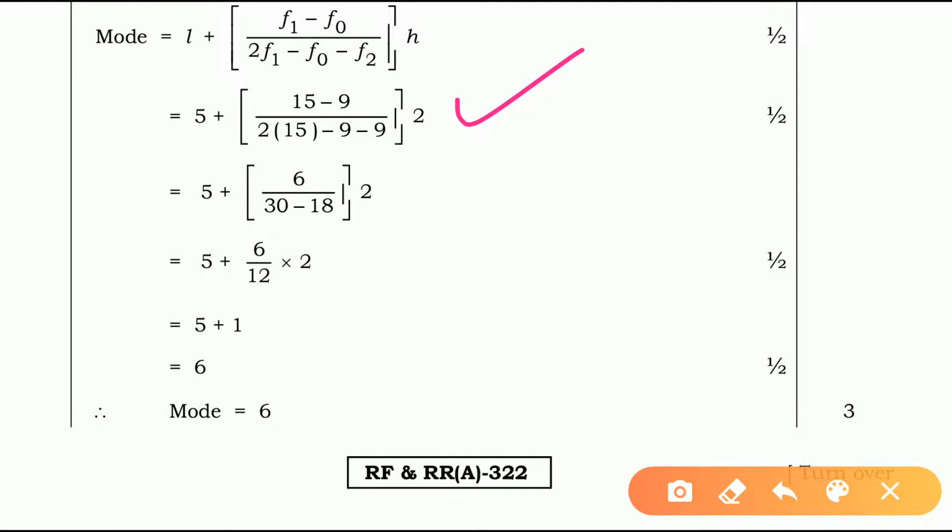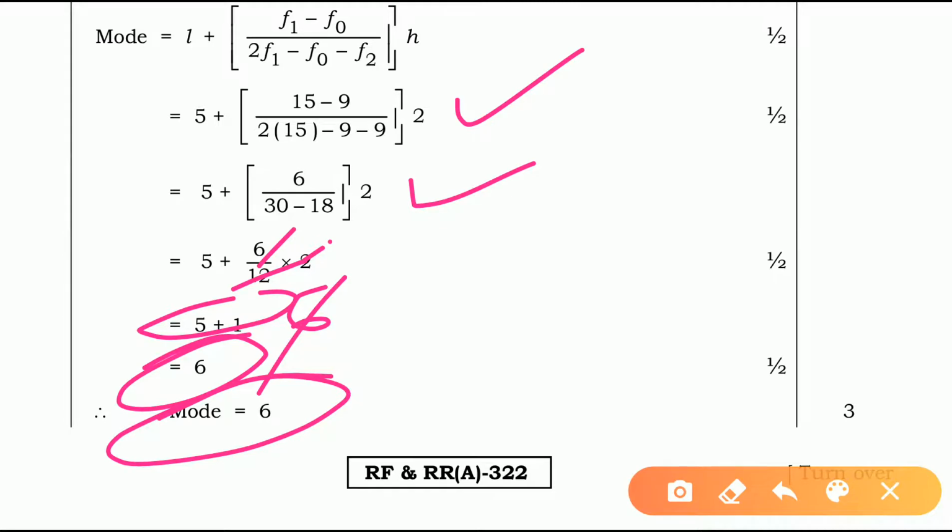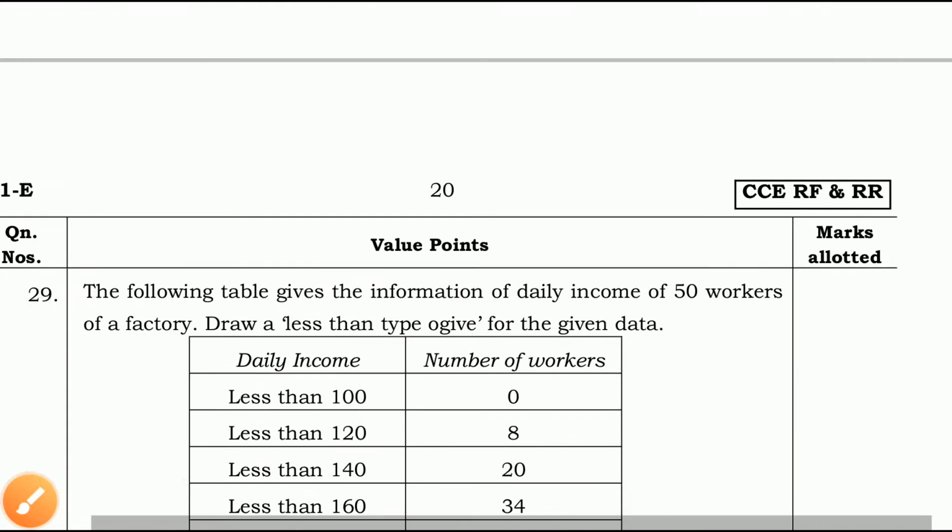This is equal to 15 into 2, 30 minus 18, that is 2 1 2, 1 2 6. This 6 and this 6 get cancelled, we get 5 plus 1 is equal to 6. Mode is 6.